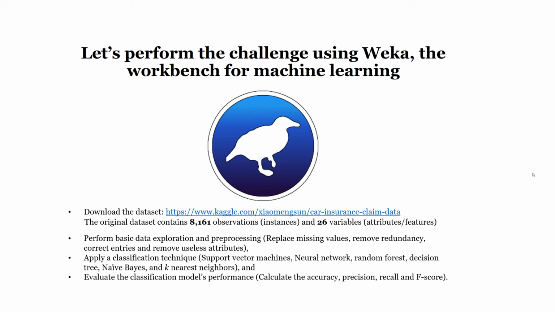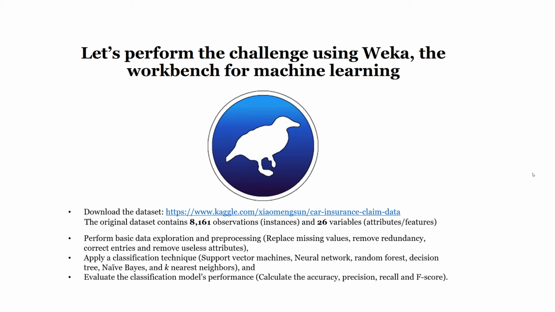Well, after we understood how the pre-processing works, how we can apply machine learning classifiers, and how we perform our classification model, the next step is to practice all that in a lab session. First of all, we're going to download the dataset.